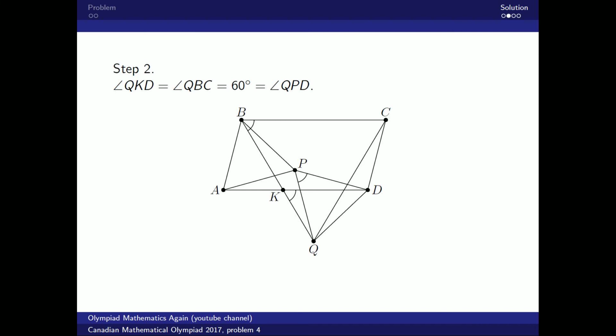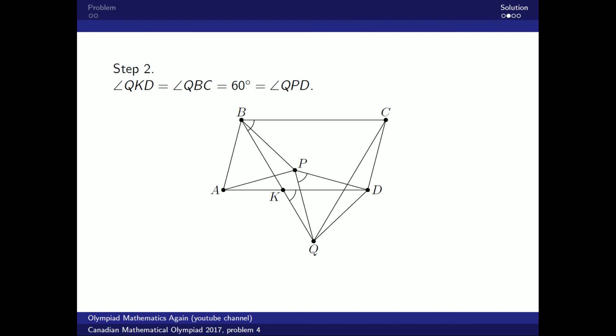So let us notice that the angle QKD is equal to the angle QBC because the sides BC and AD are parallel to each other. Because in the parallelogram ABCD, the opposite sides are parallel, and therefore the angles are equal.